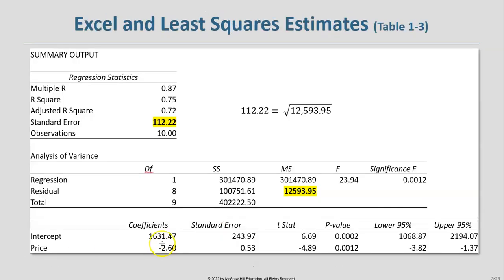And then looking in Excel, you can see how that's calculated. 112.22 is equal to the square root of the MS for the residual sum of squares.